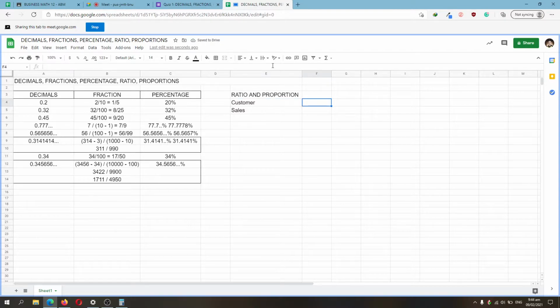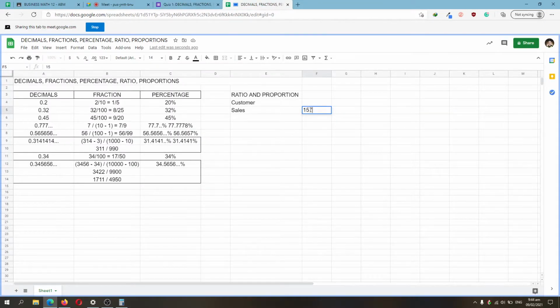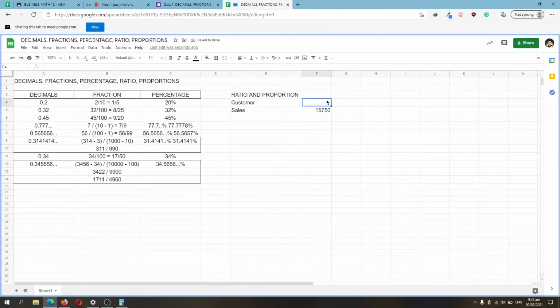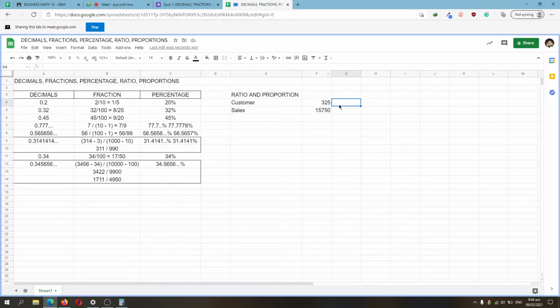So si customer yung X natin, sales yung Y. Sabi niya, if there are total of 15,750 sales, then meron tayong 325 na customers.